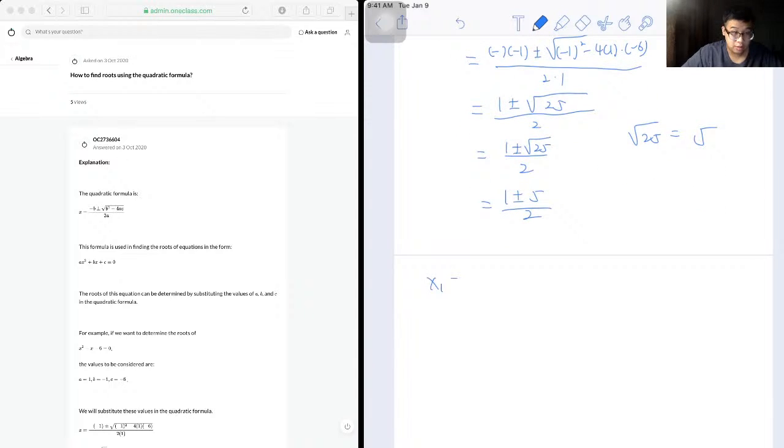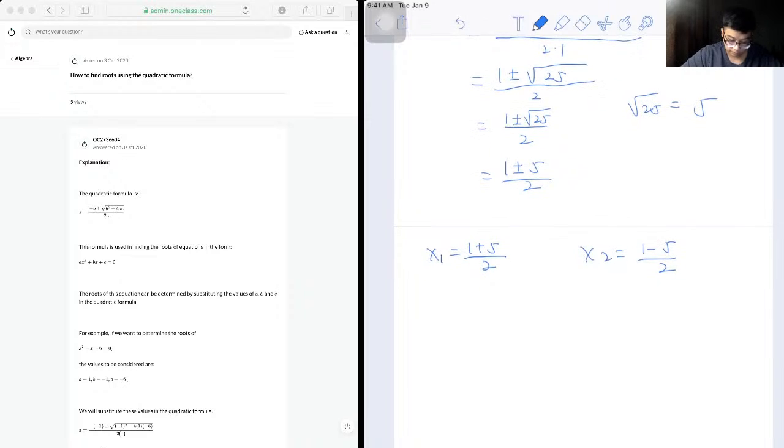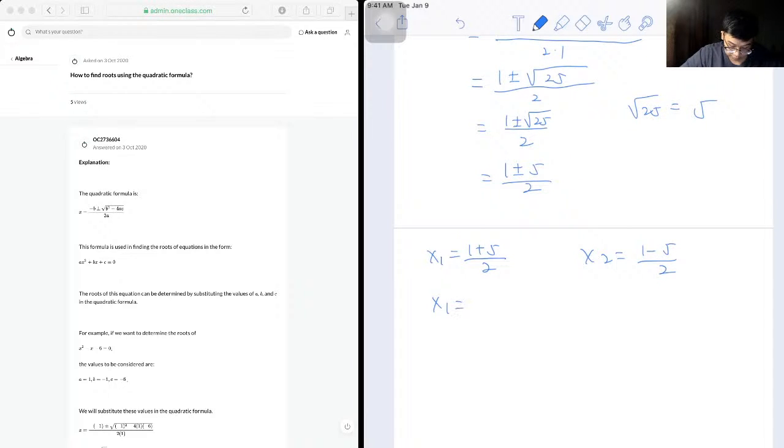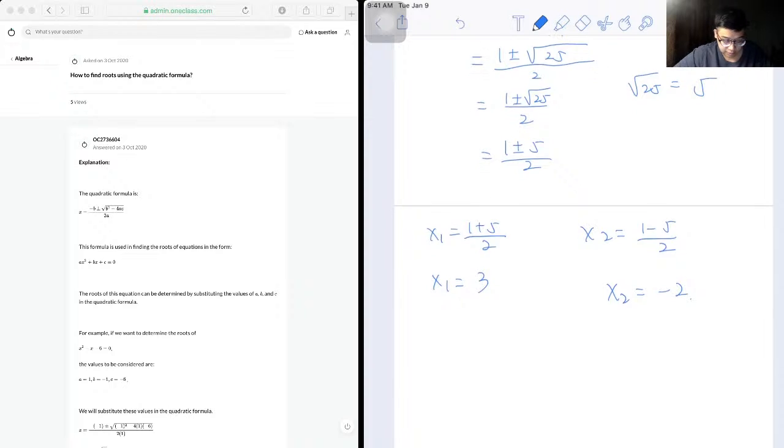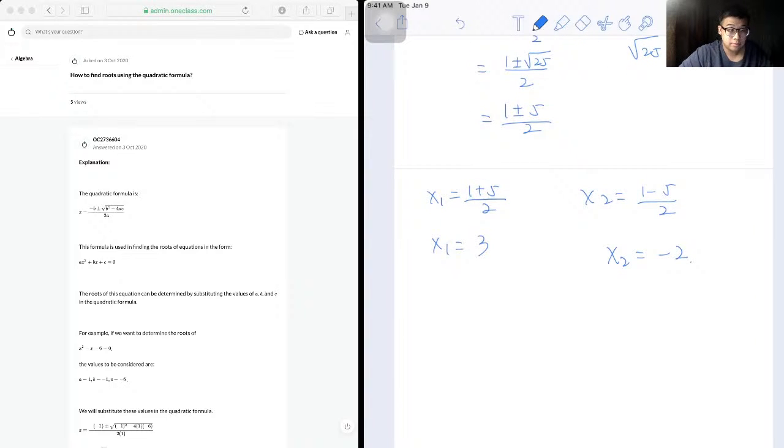So x1 will be 1 plus 5 over 2, and x2 will be 1 minus 5 over 2. So the first one will be 3, and the other x will be negative 2. Yeah. So the two roots we got here are 3 and negative 2.